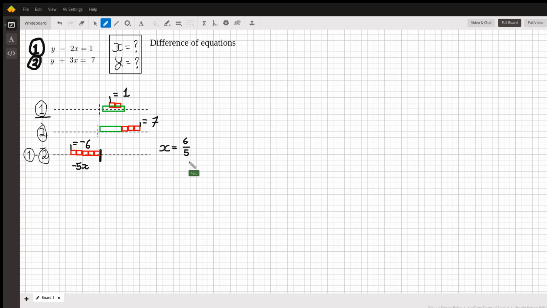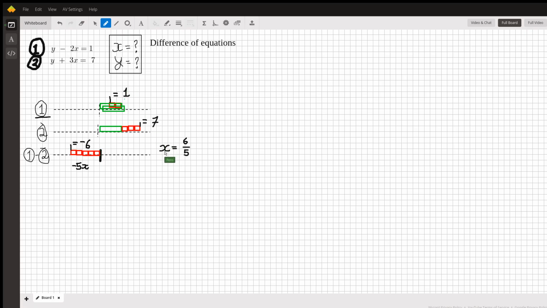I hope it makes sense how we found this, just visually based on subtracting these two equations. I'm just going to replace the y that I stole from over here. We subtracted these two equations. By subtracting y from y, we ended up with y is equal to 0, and we found x.